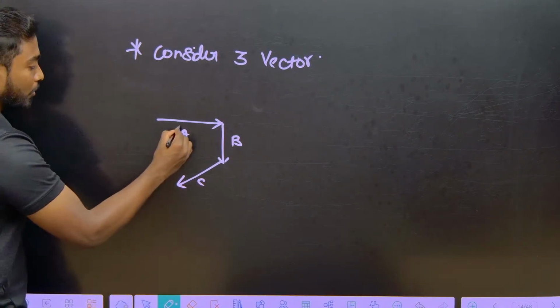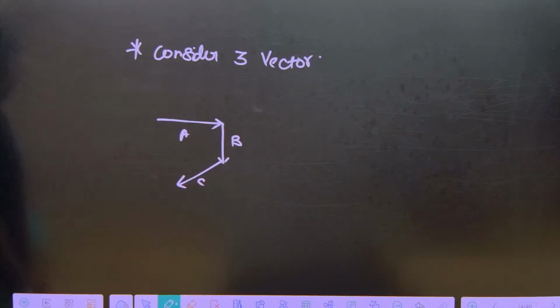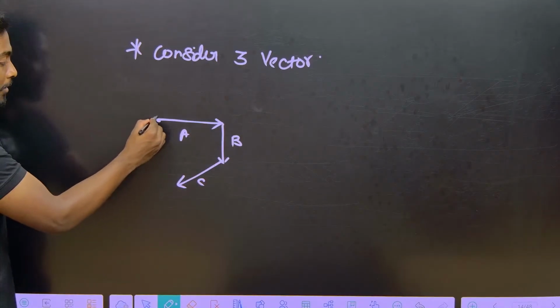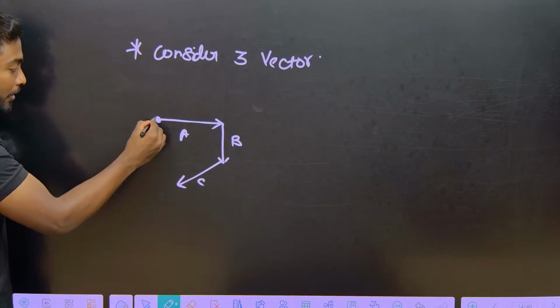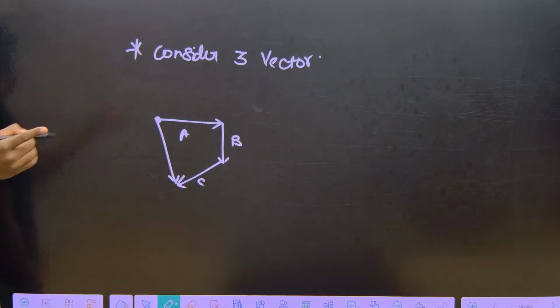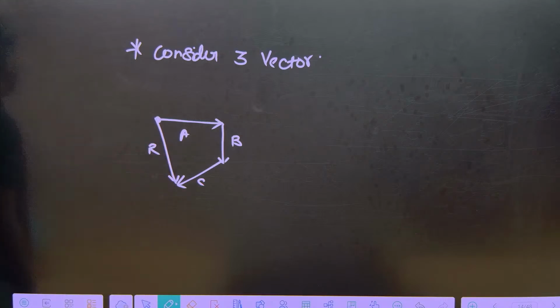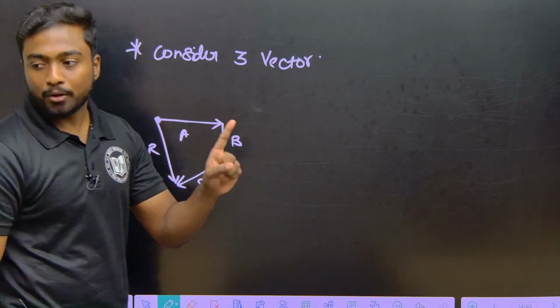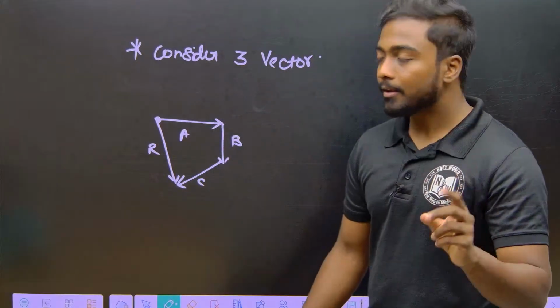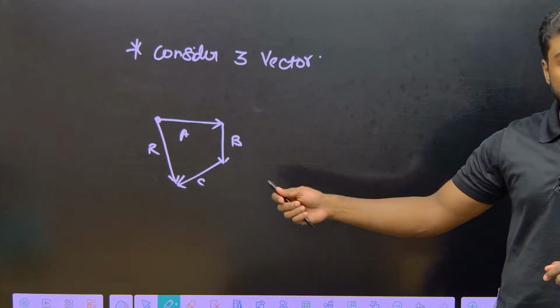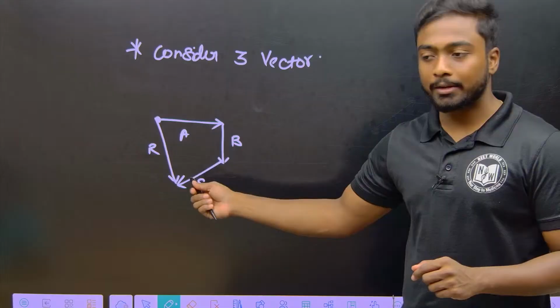This is C, so A, B, C. The resultant vector starts from the tail of the first vector and ends at the head of the last vector. So the first one is the parallelogram, the second one is the triangle, and the third one is the polygon, used when there are more than two vectors.